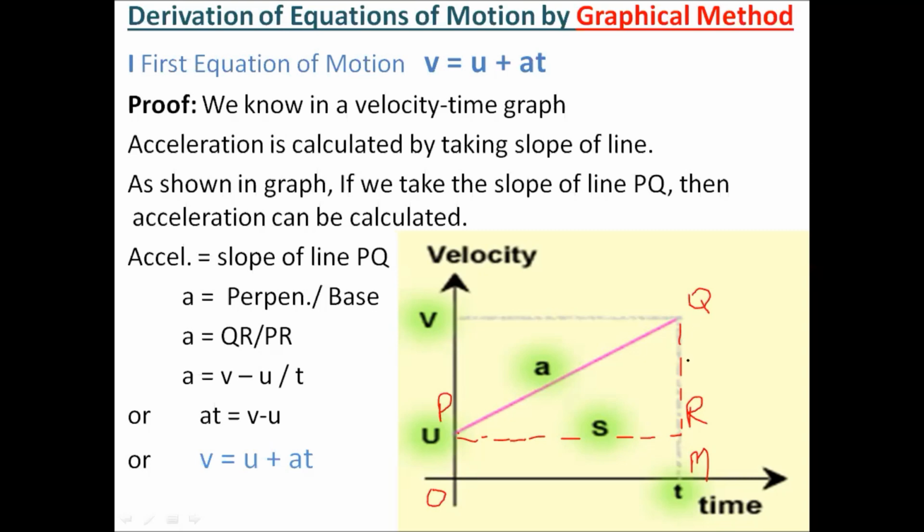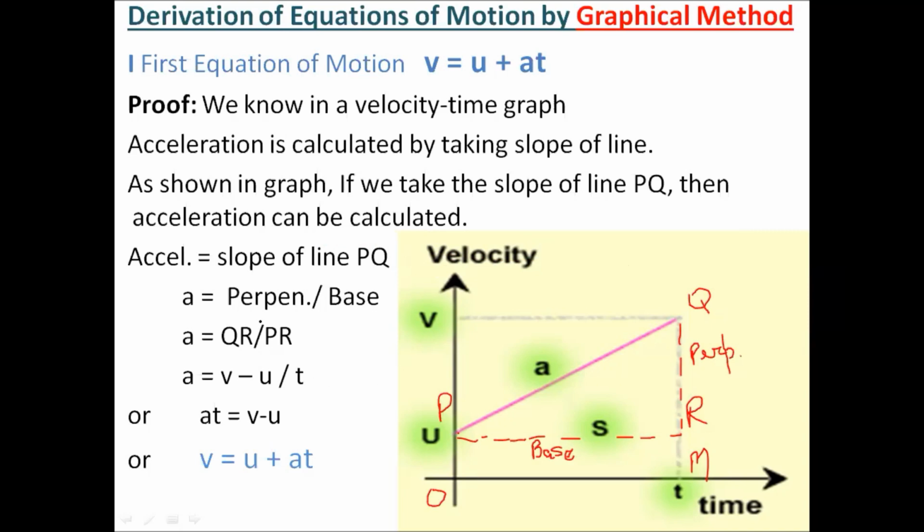In this graph, QR represents the perpendicular and PR represents the base of right triangle QRP. We know the formula of slope is given by the ratio of perpendicular to the base.